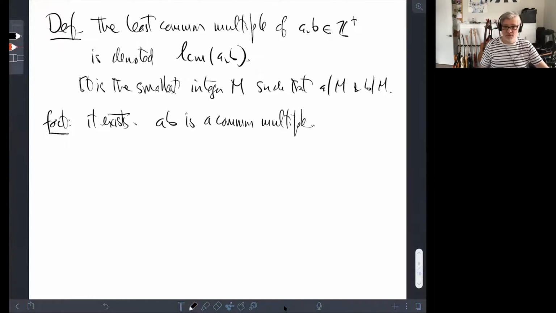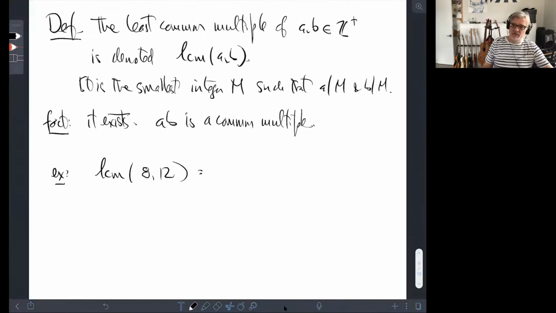It might not be the smallest, right? So here's an example. LCM of 8 and 12. What's the least common multiple of 8 and 12? It's not 8 times 12. That is just too big, right?